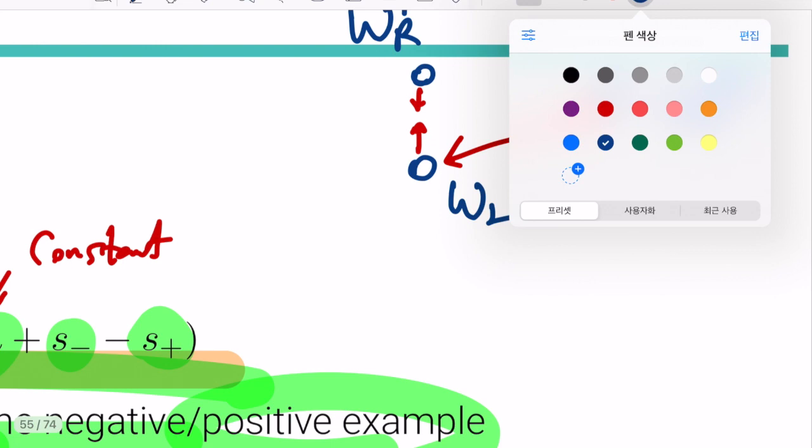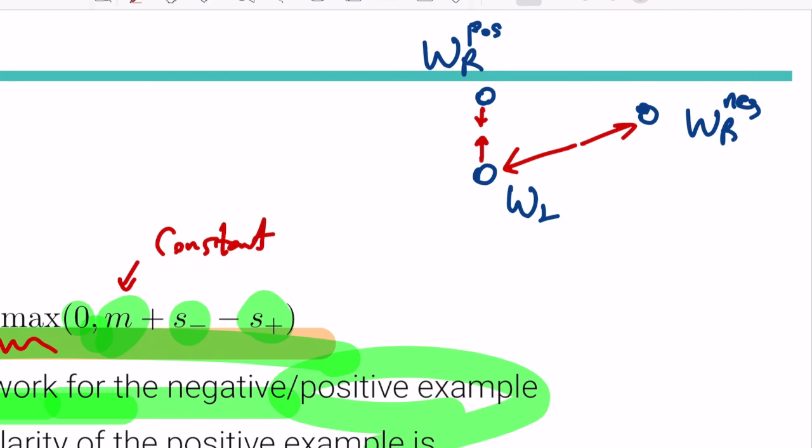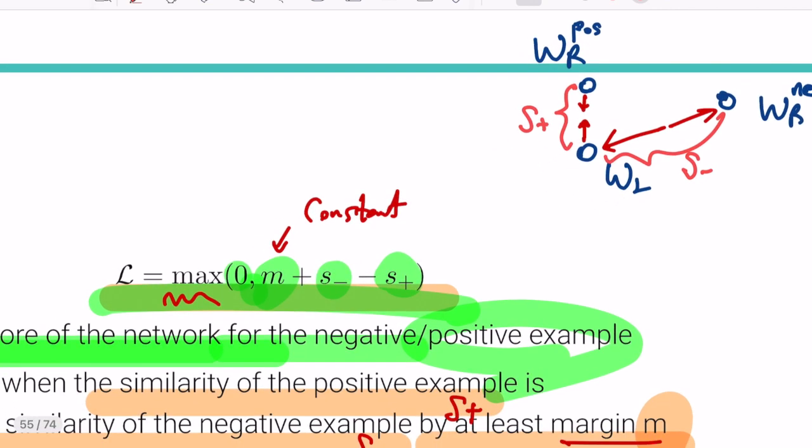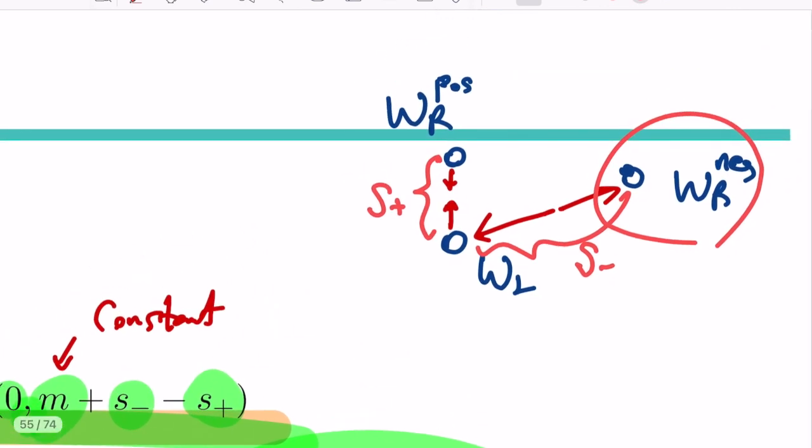If the similarity of the positive case is S plus, and the similarity of this one is S minus, and S plus is greater than the similarity of the negative example by at least a margin M, I mean if the negative samples are far enough, there's no more reason to push XL and the negative samples apart. So that's the reason.